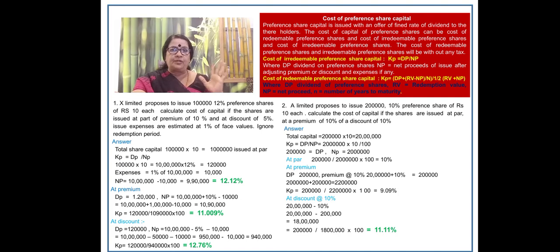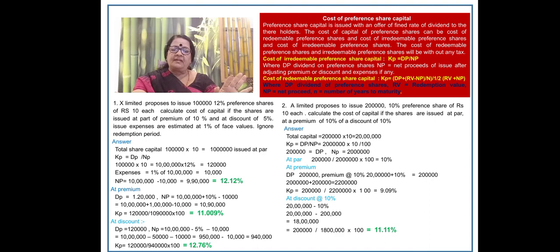Again it is 1% of the face value, 1% of 10 lakh, that is 10,000. So the NP is coming 10 lakh 90,000. That is 10 lakh plus 1 lakh premium minus 10,000 expenses.